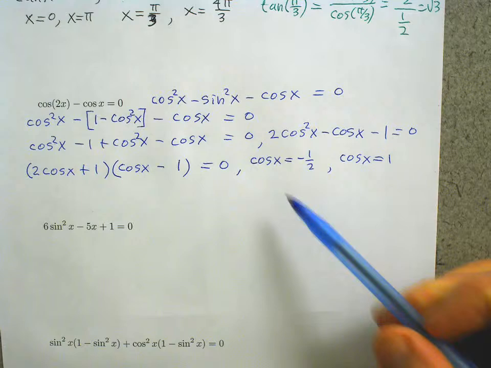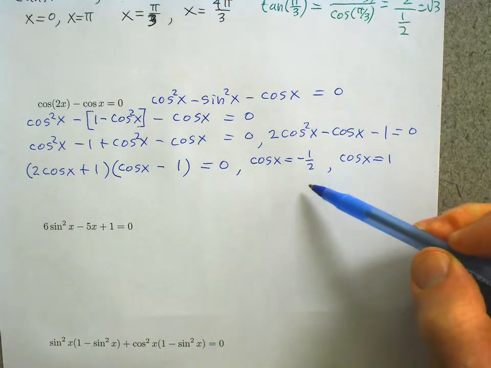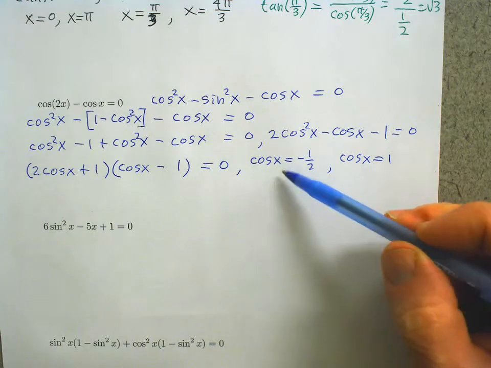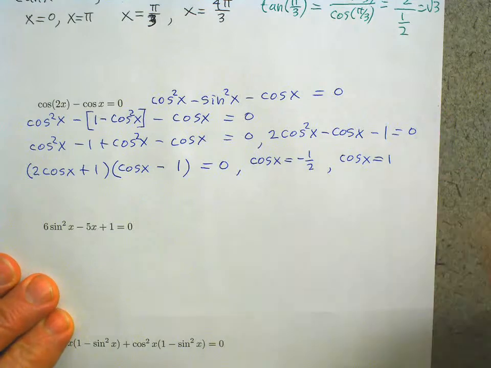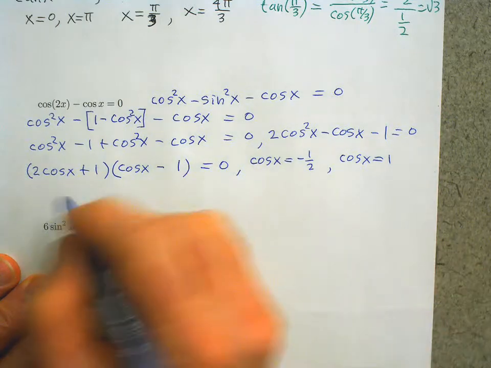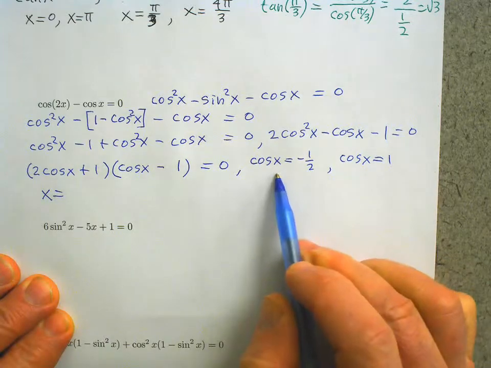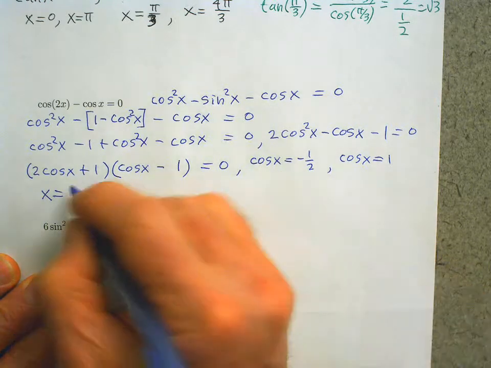For x values between 0 and 2 pi, excluding 2 pi, cosine of x equals negative 1/2 has 2 solutions. So one of those is in the second quadrant when x is 2 pi over 3.